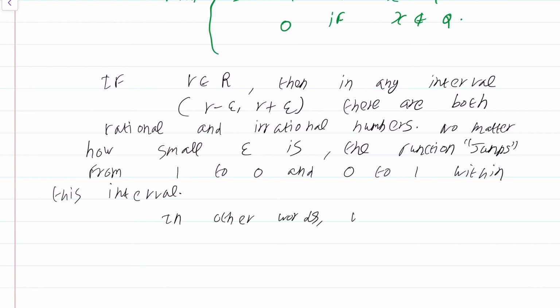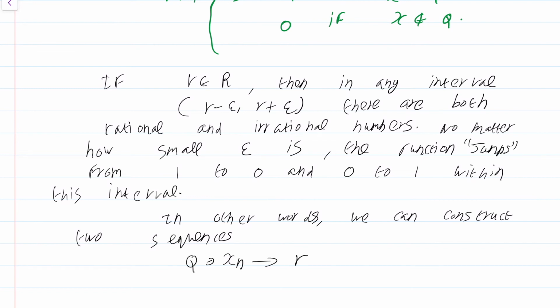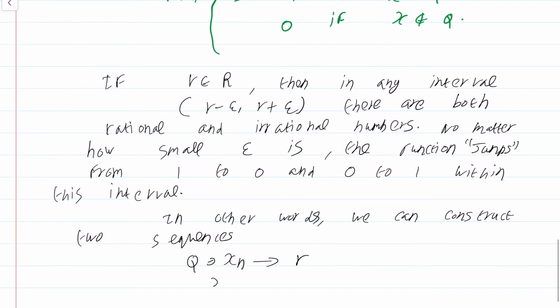we can construct two sequences: x_n, which are all elements of Q that converge to r, and y_n, which are all elements of R minus Q, that means irrational numbers, that converge to r. Okay.